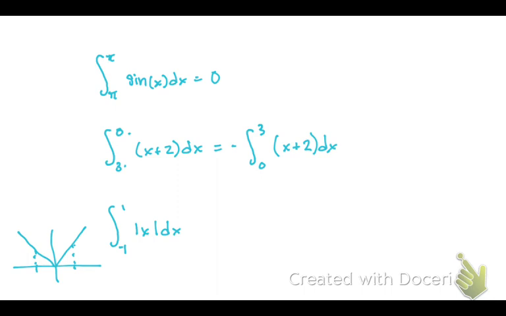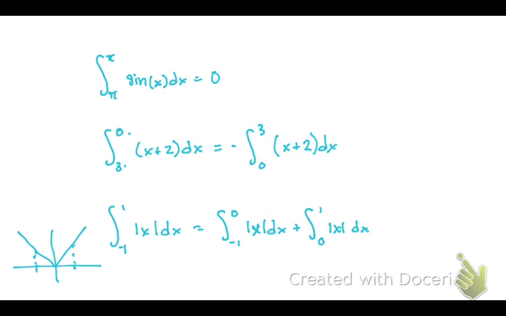You have -1 to 0, and 0 to 1. So -1 to 0 of the absolute value of x dx, plus 0 to 1 of the absolute value of x dx. And we could figure that out pretty easily, I think.